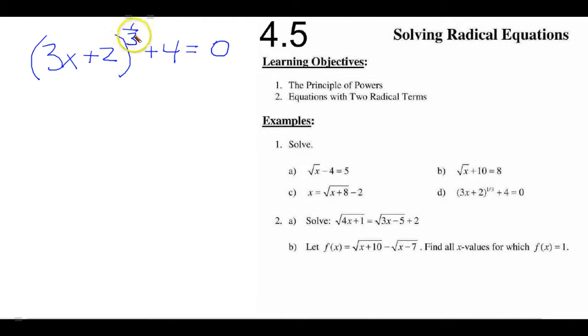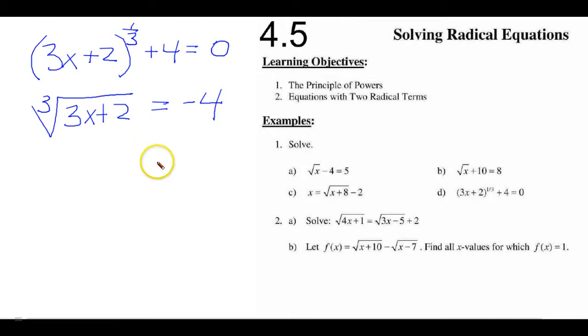Now another way to look at that, you could do it this way too, but another way to look at that, this is the 3rd root of 3x plus 2. I'm going to transpose that. It becomes a negative 4 on that side. So here we're just going to raise this to the 3rd power. Index number there, raised to that power to both sides.